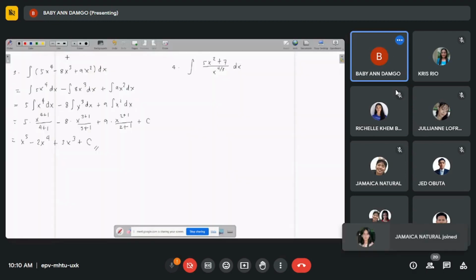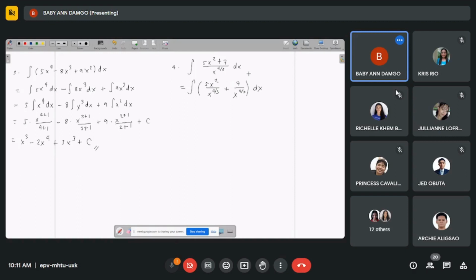So, this is just equal to 5x squared over x to the power of 4 over 3 plus 7 all over x to the power of 4 over 3, 3x. Okay?